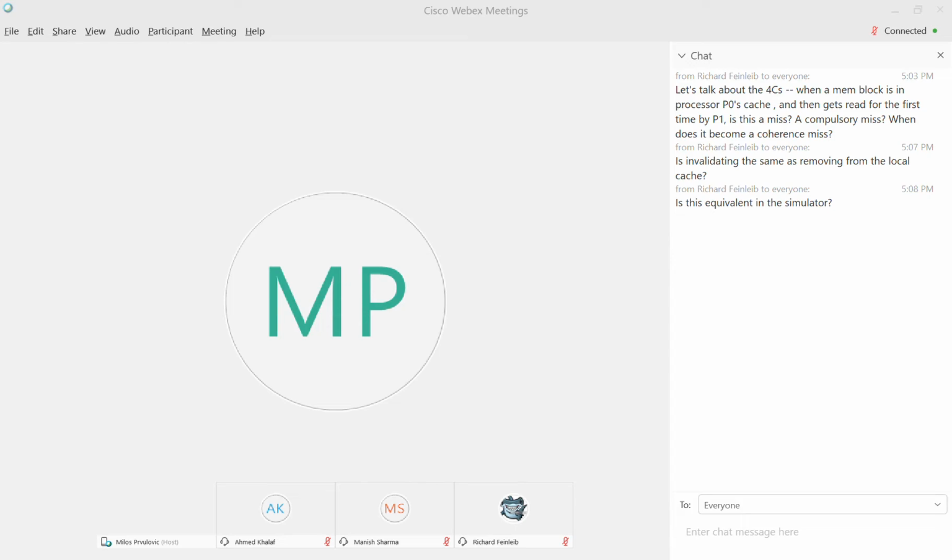However, because the tag gets zeroed out on an invalidation, the tag will never match if you have a coherence miss. So for the project, if you want to do checks that way, what you have to do is remember what was in the tag prior to its being zeroed out.